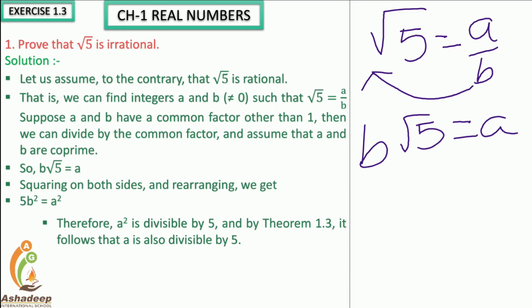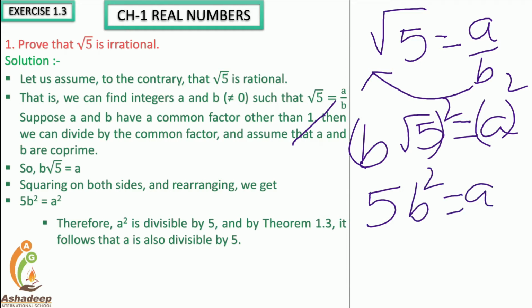Now squaring on both the sides, square root of 5 squared is nothing but 5, so 5b square is equal to a square. Therefore a square is divisible by 5.